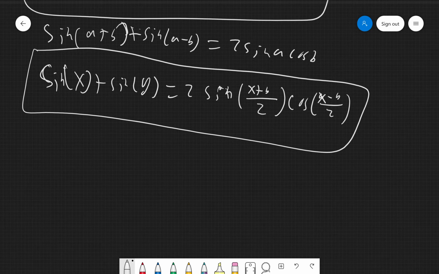So that means that if you're trying to do sine of x minus sine of y, then we can say y is equal to negative z.